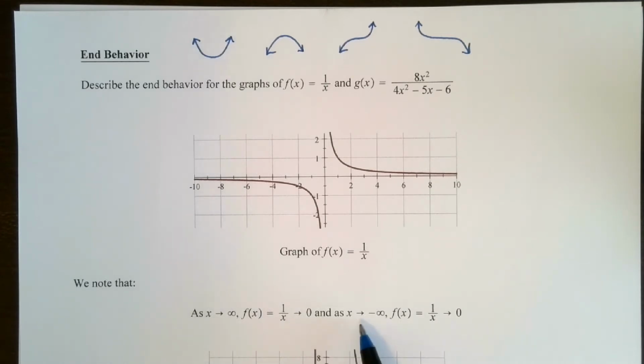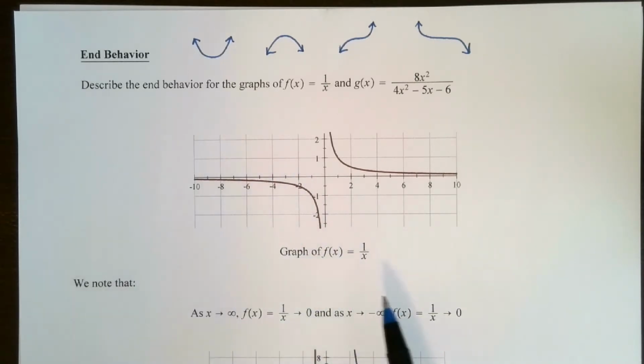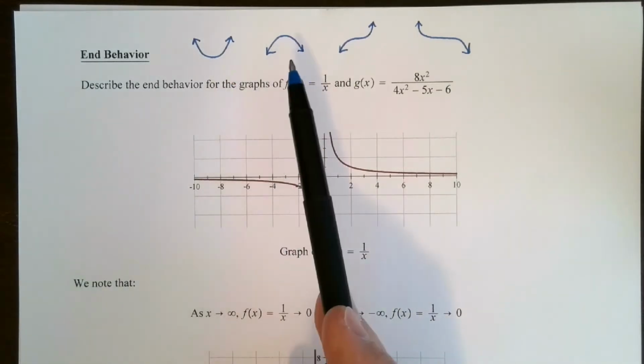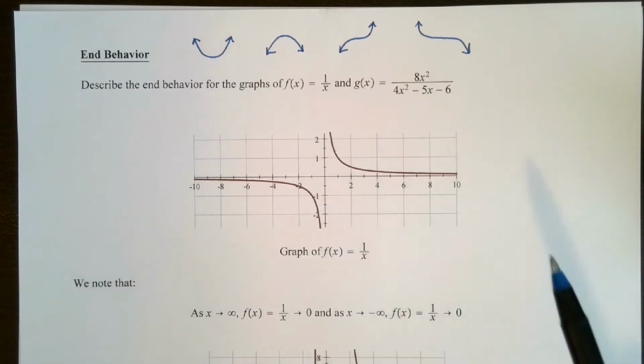And as x approaches negative infinity, as the value of x goes to this end, looking at the end behavior this way, then the function is going to 0. And so the function looks like neither one of these four types. If we zoom way out, it looks essentially like the x-axis, almost like a line coinciding with the x-axis.